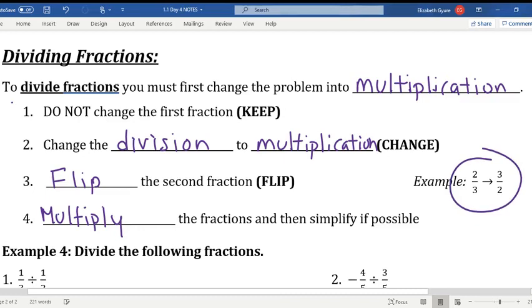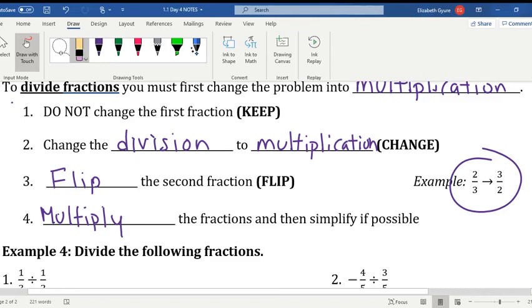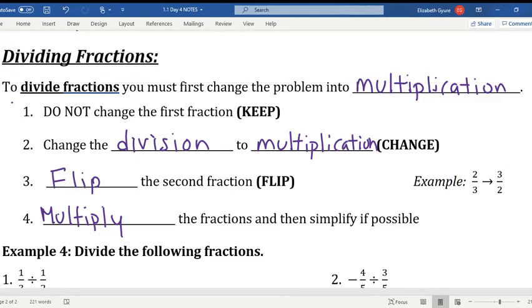You guys remember hearing the word reciprocal before? It sounds like a doctor word. It's when you flip a fraction around. So again, we keep our first fraction, we change our division into multiplication, and then we flip the second fraction, and then we just multiply like normal, okay?